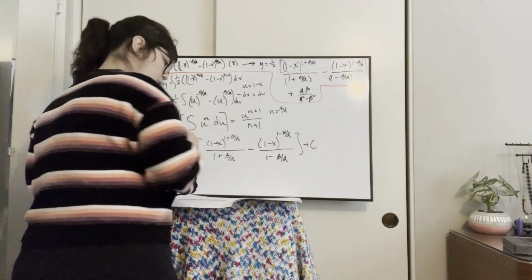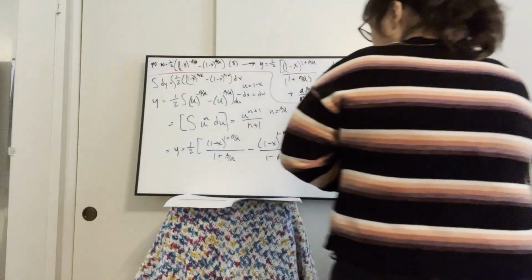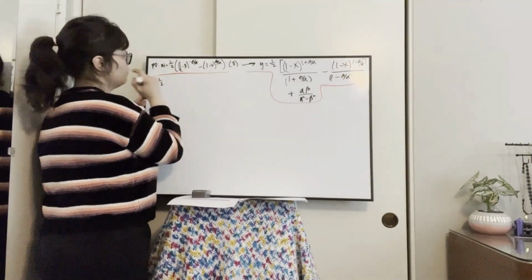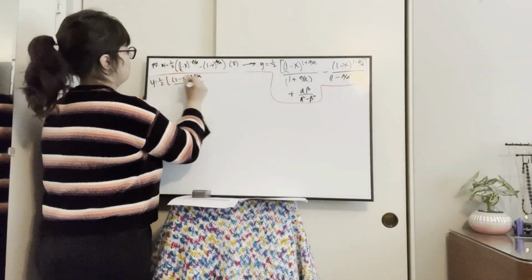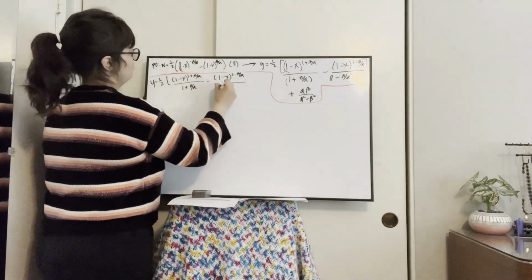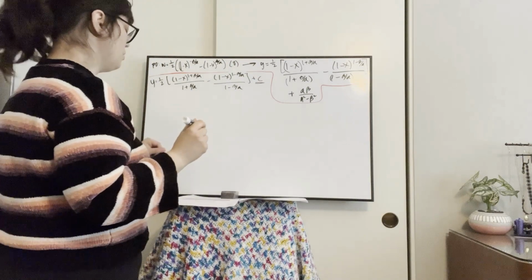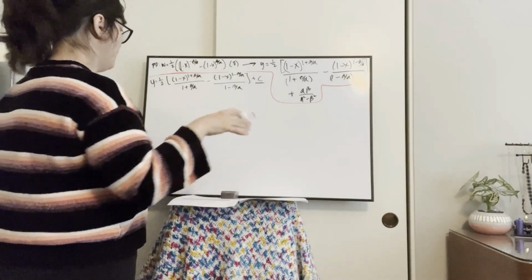So I will quickly erase a couple things here. So, going back, we do know from the initial conditions given that y is going to be equal to 0.